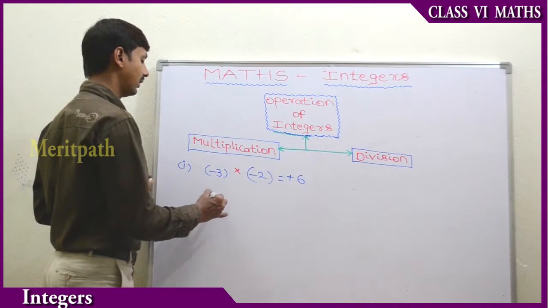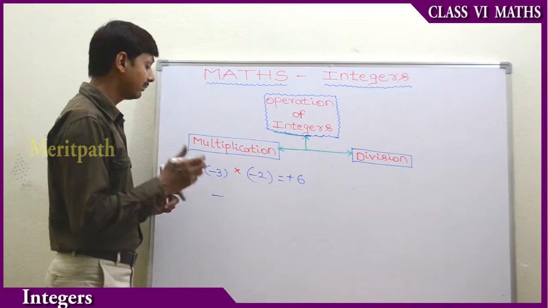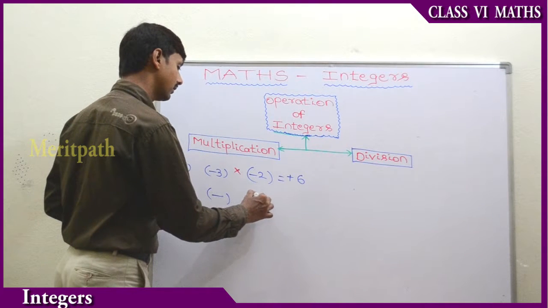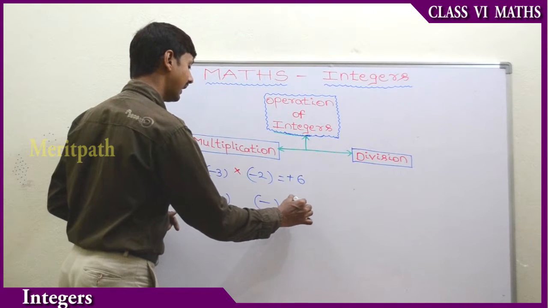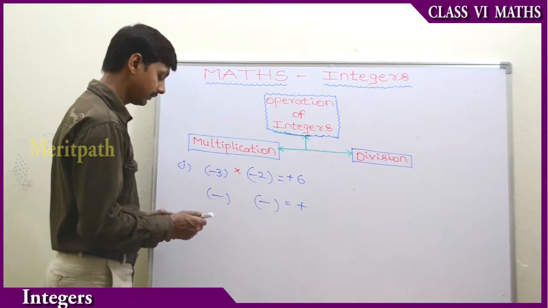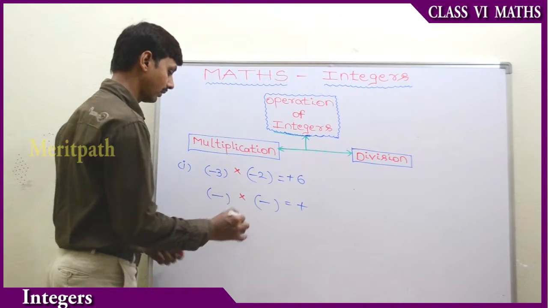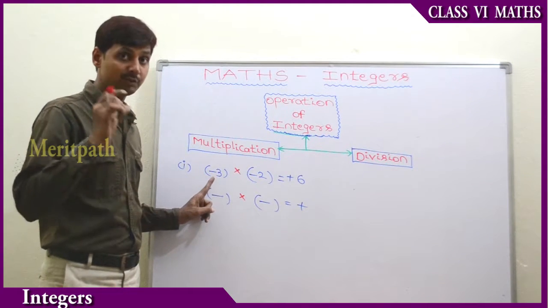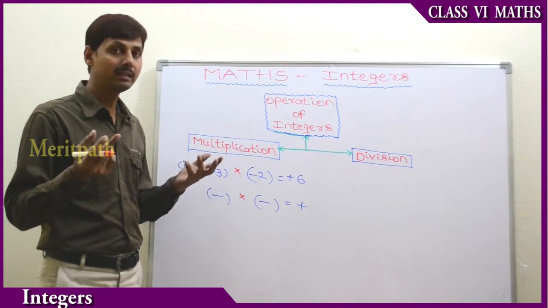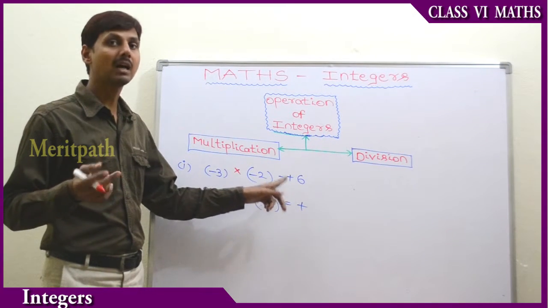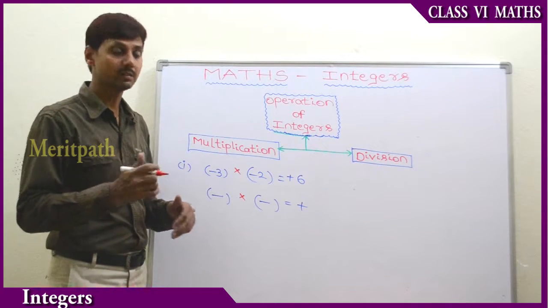If a number has the minus sign and is multiplied by minus, we'll get the sign of plus after multiplication of those two numbers. So what we understood from here is that if we take two integers with the same sign, minus and minus, we'll get the plus sign after multiplication of those two numbers.